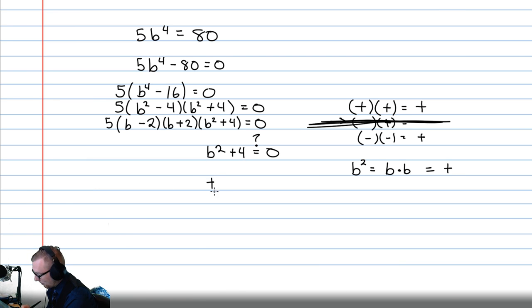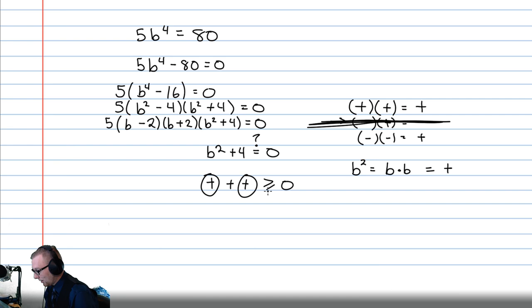And a positive number plus another positive number. So a number that's greater than 0 plus another number that's greater than 0 will also be greater than 0. Does that make sense?